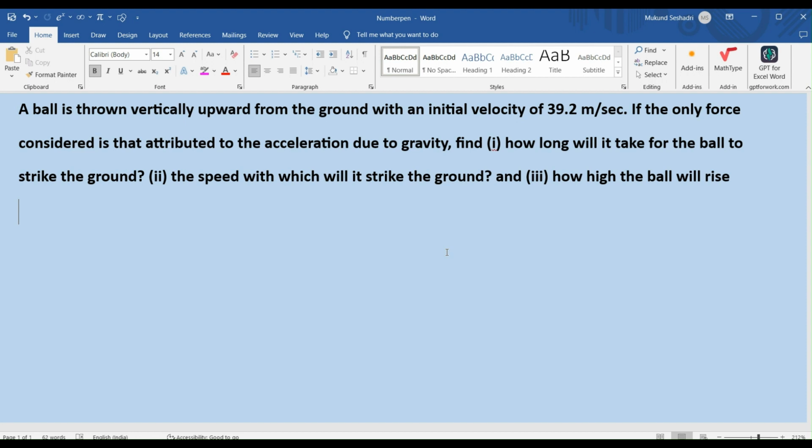And what do we mean by the gravitational force? The gravitational force acts in a downward direction, right? And the gravitational force is nothing but it is going to slow down the ball as the ball moves up. And why is that? Because the gravitational force is acting in the reverse direction, right?